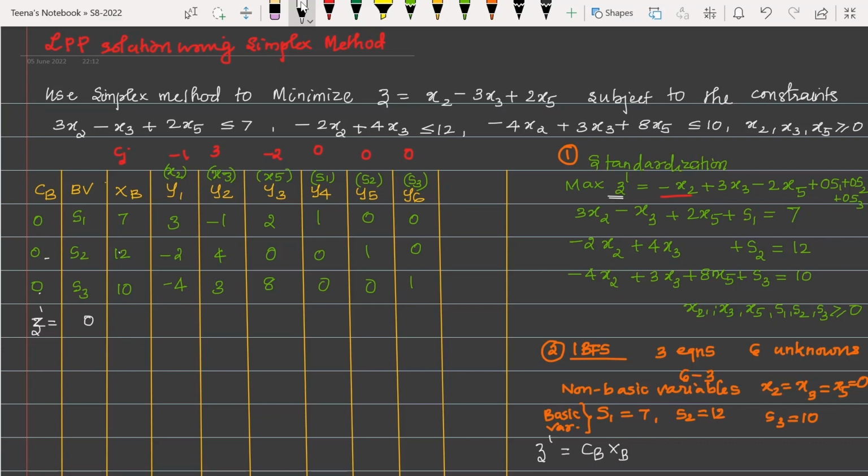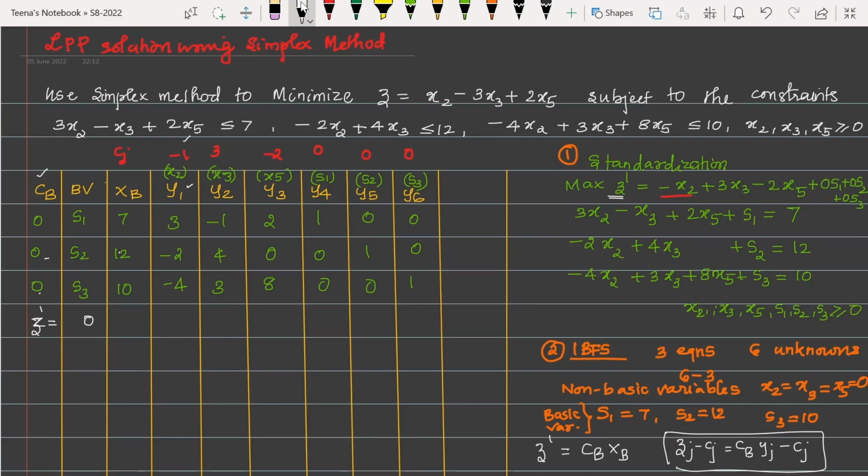Now we are going to find the net evaluations zj minus cj. Zj minus Cj is Cb, Yj minus Cj. So this is how we calculate the net evaluation. Cb is the first column, Yj is the corresponding column for which we are going to find the net evaluations, minus Cj is the cost written on the top.